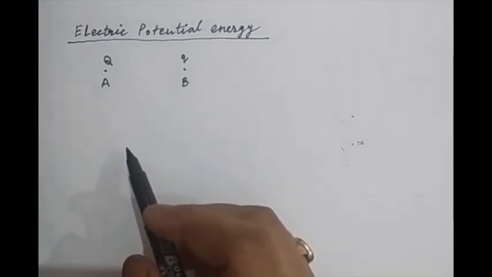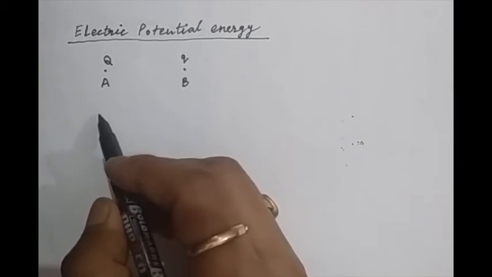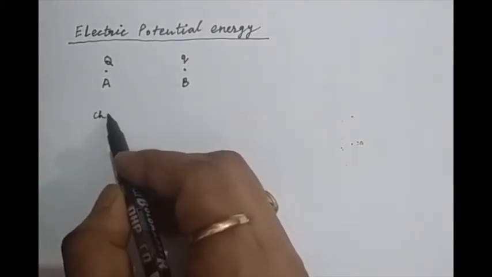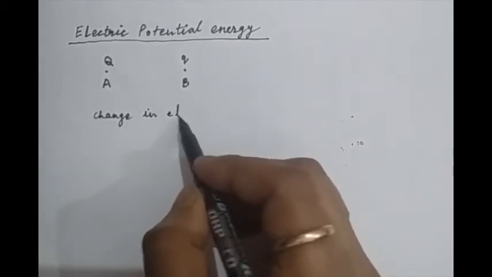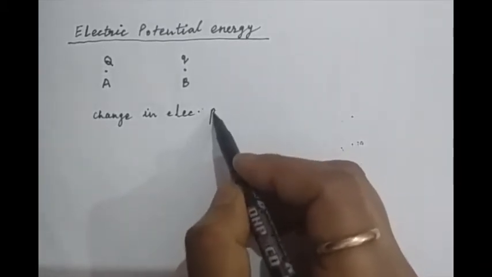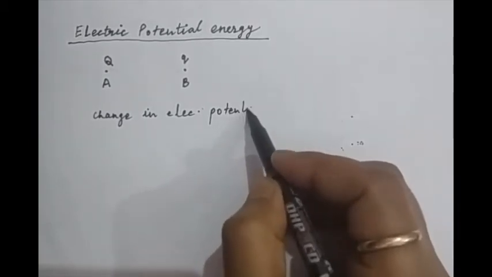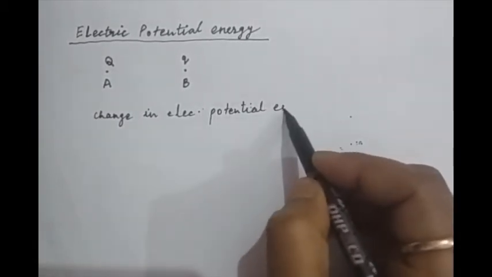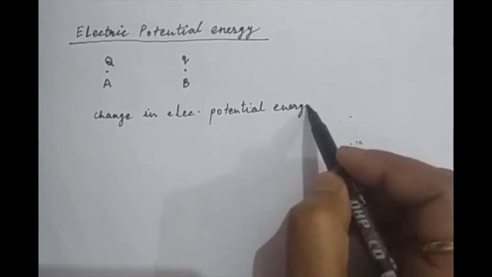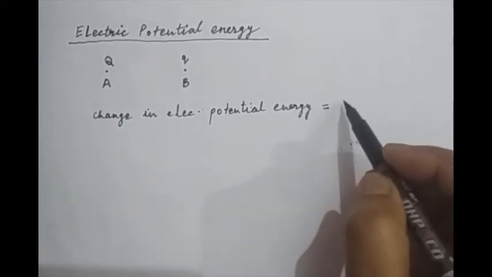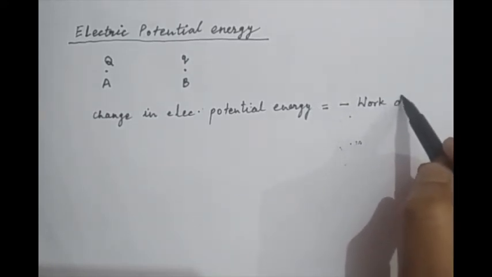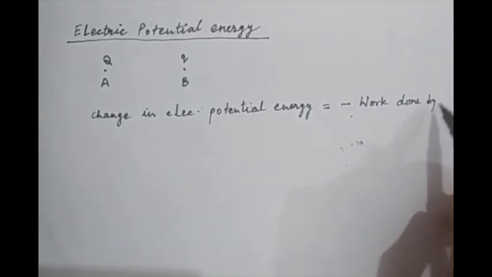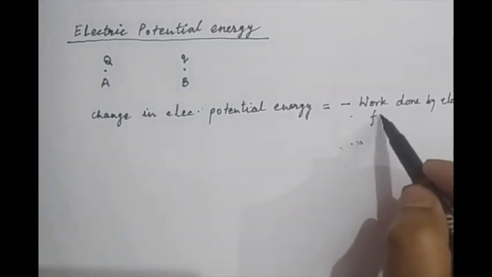And we have the formula: change in electric potential energy is equal to the negative of work done by electrostatic force, the electric force.